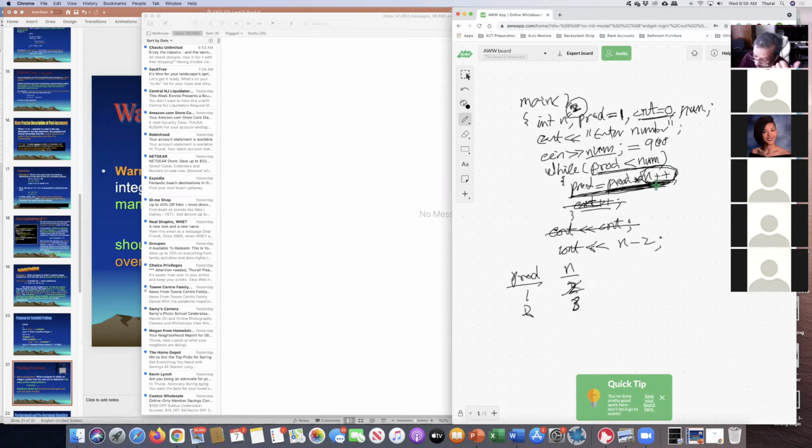Now let's do one more. I go back to the top of the loop and check the condition prod less than num. Prod is 2, num is 900, so it's still less than num. So I'm doing the second multiplication. Prod is now multiplied by 3, and after that second multiplication, n becomes 4. So when n is 4, I have done 2 multiplications. Can you see that the number of multiplications is 2 less than n?